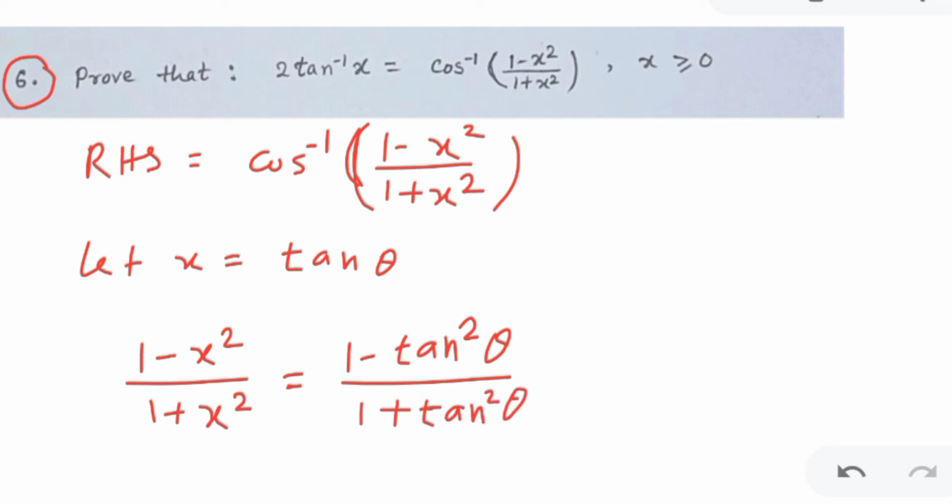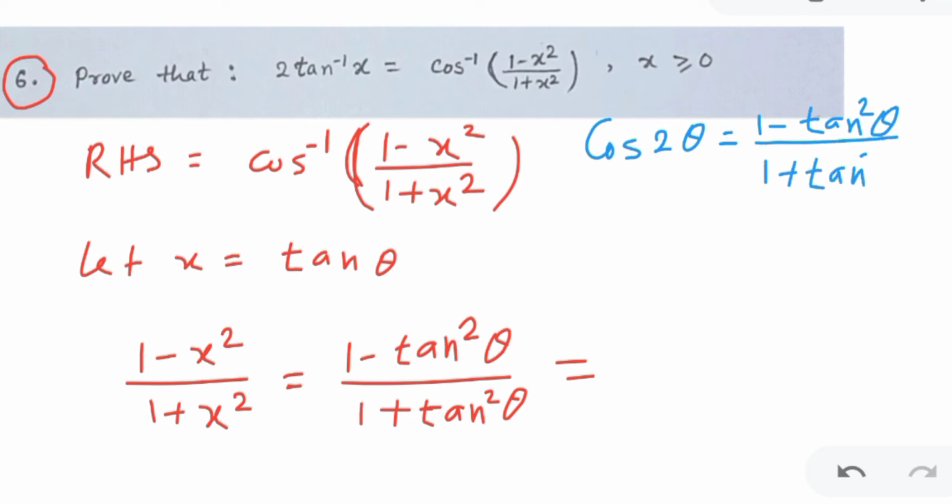And there is one formula for cos 2 theta in trigonometry. Cos 2 theta is equal to 1 minus tan square theta divided by 1 plus tan square theta.